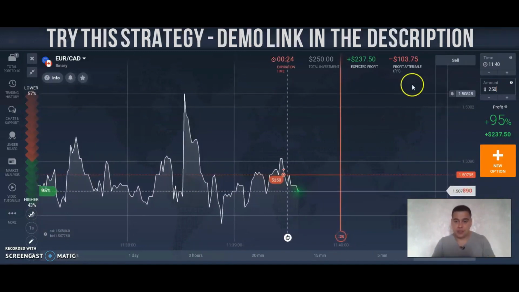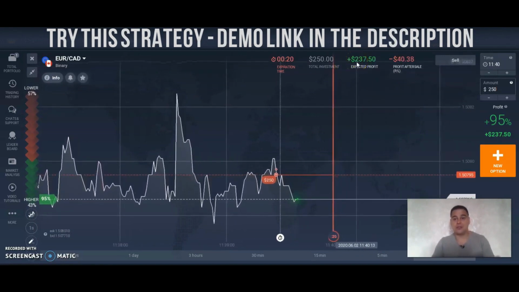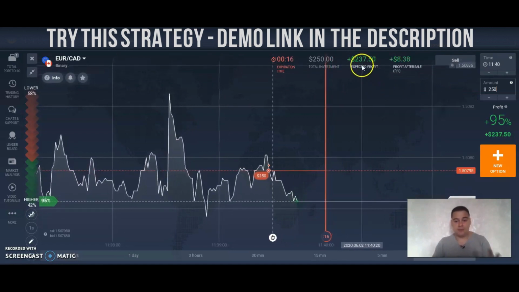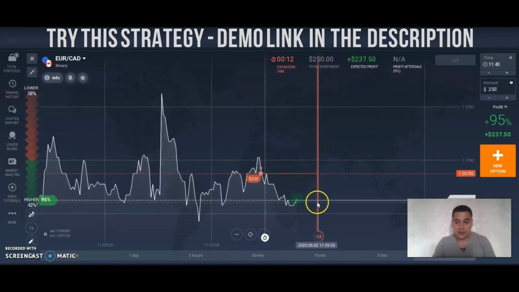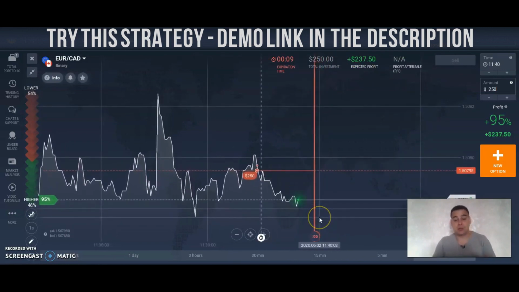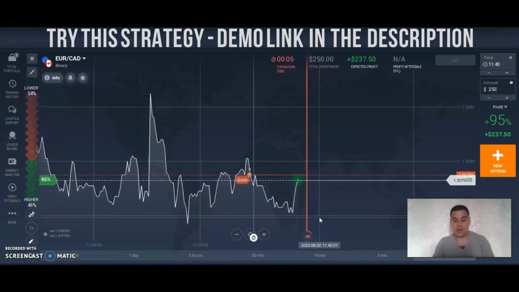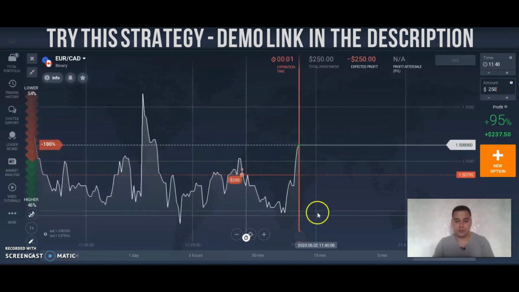So I spent $100. Now, as you can see, my expected profit is $237. That means that if right now my prediction will be correct on this line, I will get profit and I'll get back my money. So even an incorrect decision will be profitable for me.